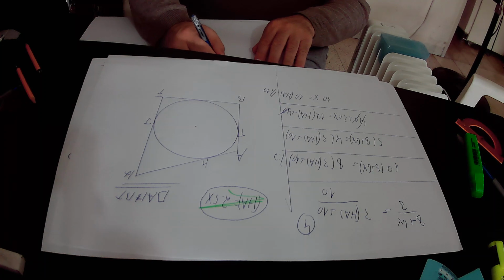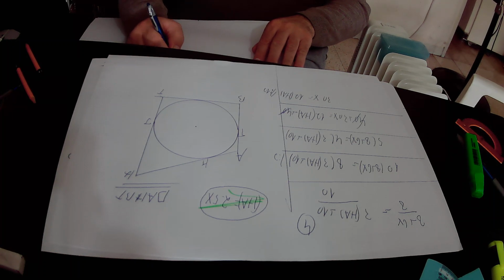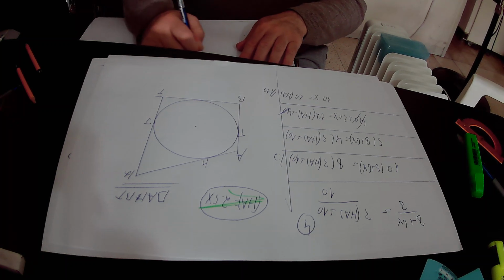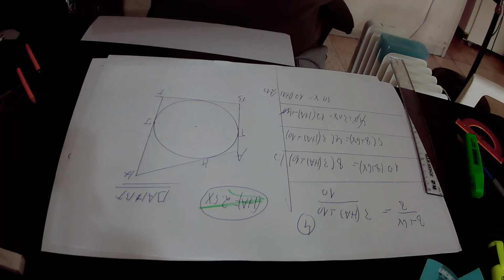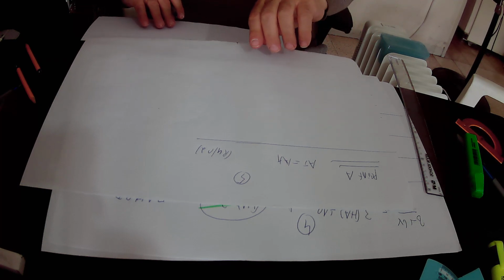That is to say, AT equals AK. So if we define one of those two tangents as A, then the other tangent must also equal A, because they are equal to each other.